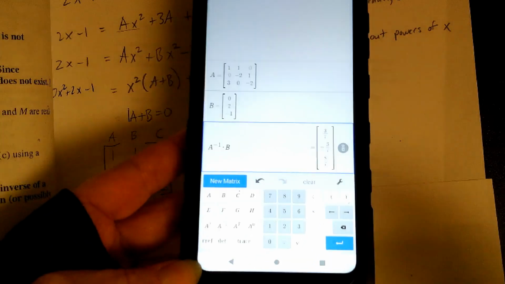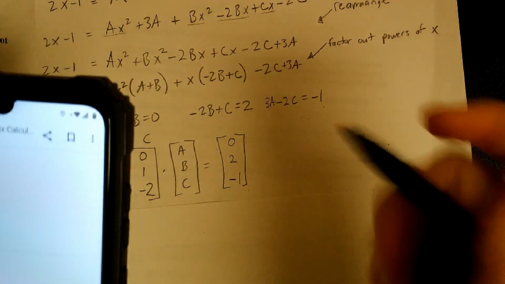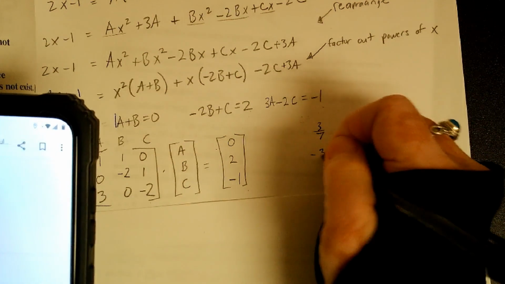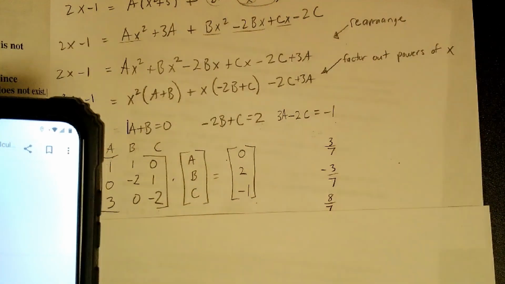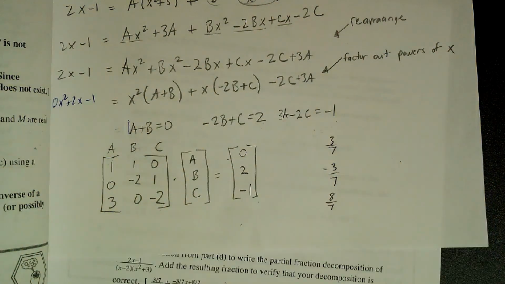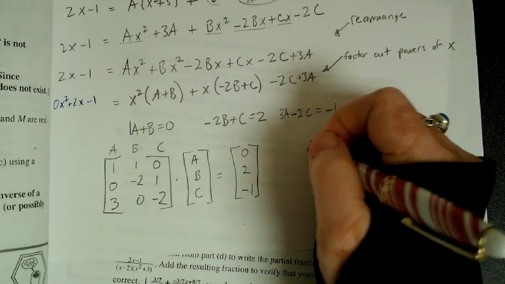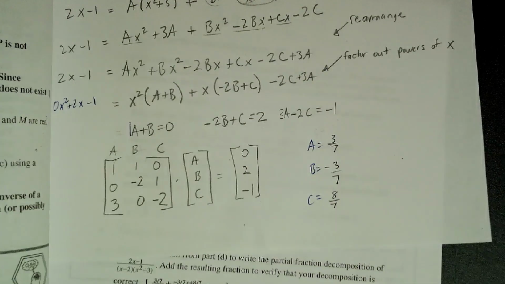I'll write them down. So the solutions that came out of my calculator were 3/7, negative 3/7, and 8/7. Okay, so that's what I got out of my calculator. So here's A, B, and C.